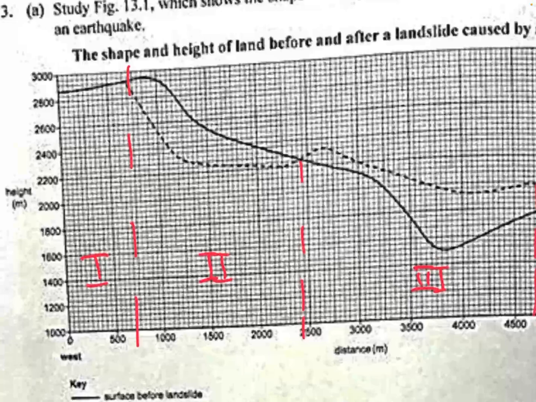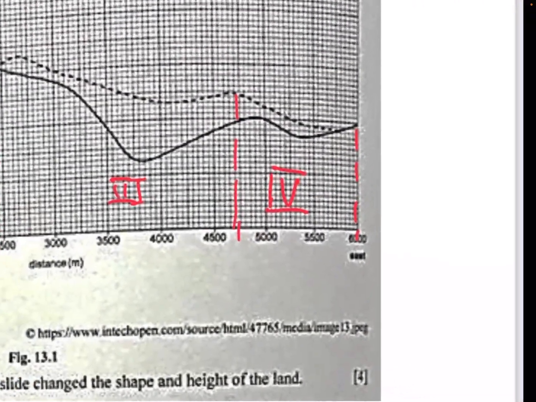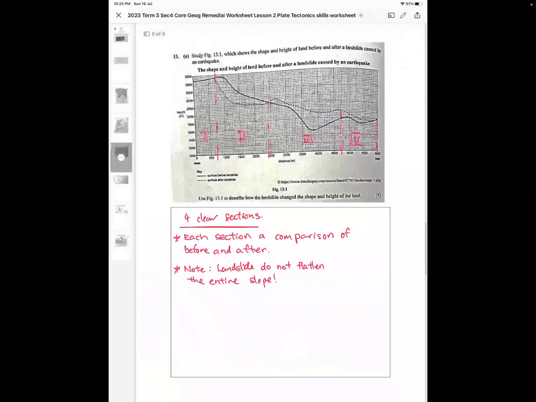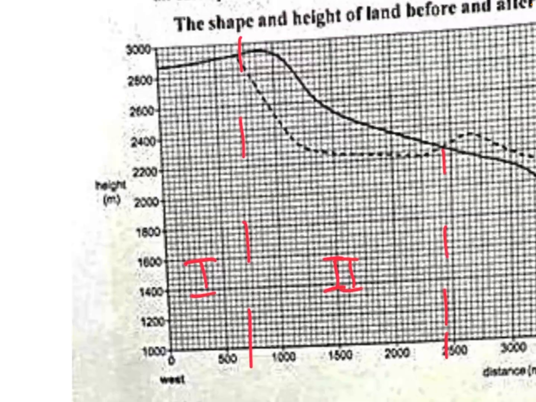The gradient is even steeper now after the impact of the landslide. So more of the soil has really slid down to the lower part of the hill, and as a result, you are having a more severe shape. So you need to do this for 2, for 3, for 4, and of course you start with 1, which stayed about the same for the first section here.